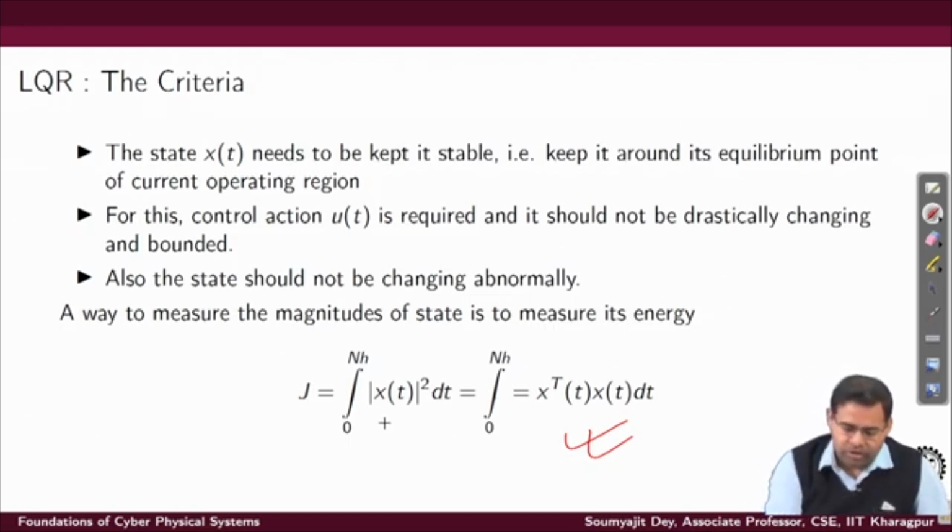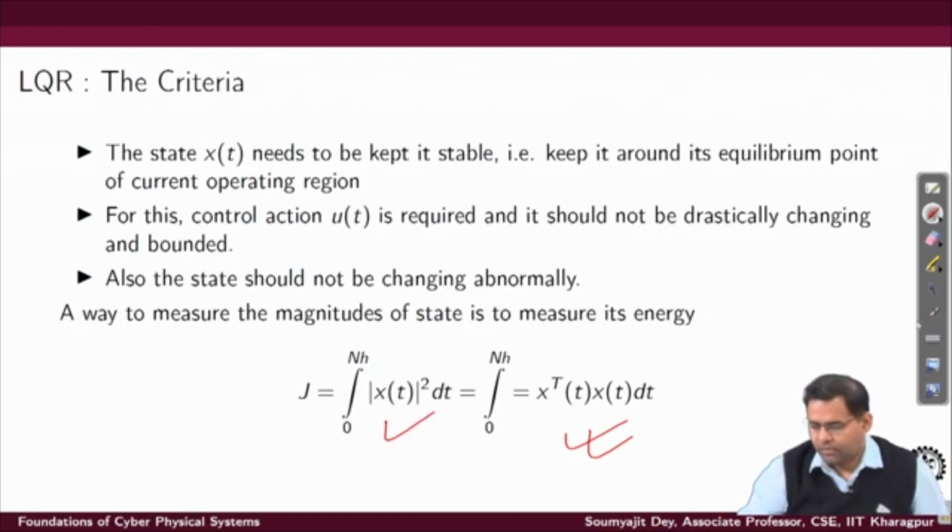So, why not take a squared sum like this? Because, as we have seen while we studied Lyapunov and all that, a quadratic form of x also denotes the energy stored in the system, right, and the system in its stable state will like to be steered towards its lower energy states.